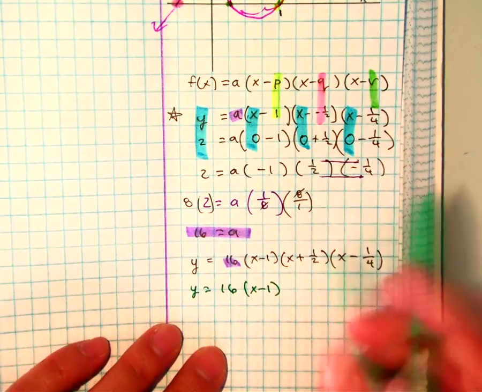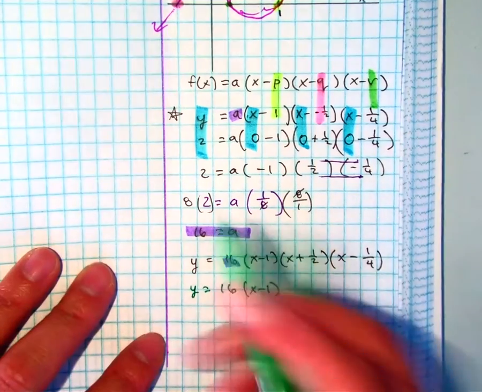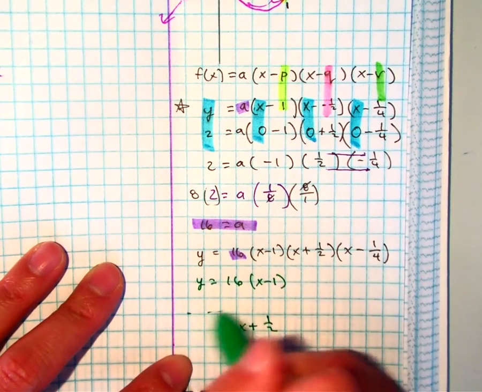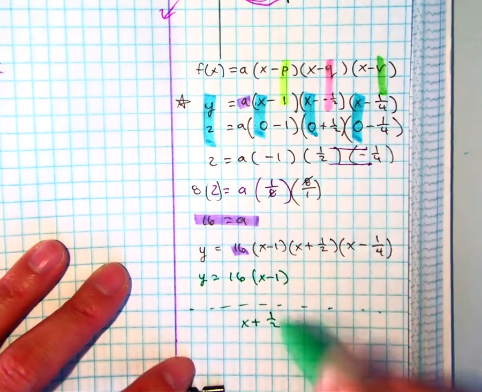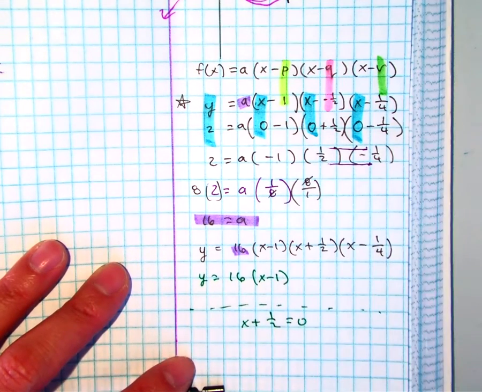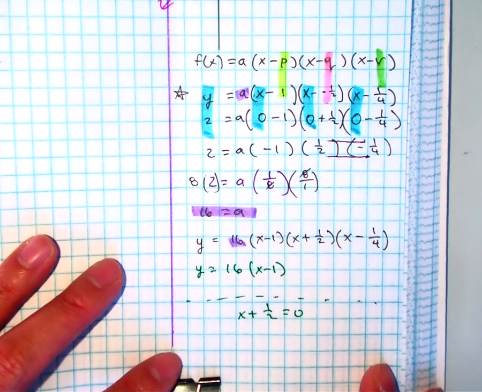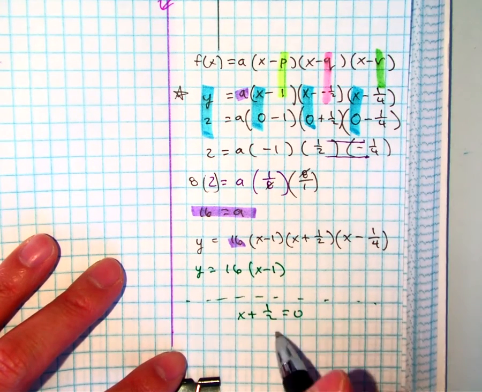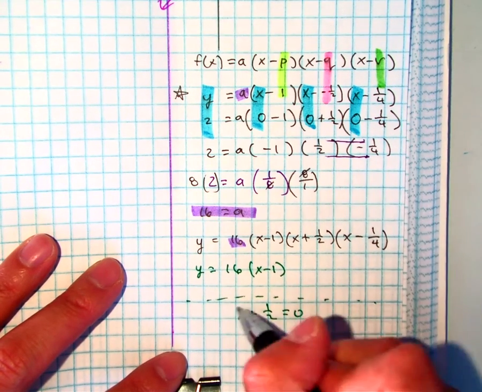let's just say you eventually would set this equal to 0. So x plus 1/2. So I'm kind of doing a side problem here. If I subtract 1/2 from both sides, you can also multiply both sides by 2.